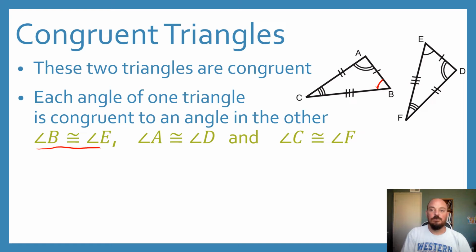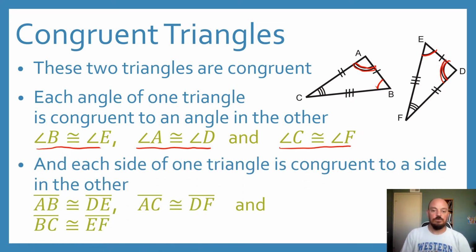Then angle A is congruent to angle D because there's two marks, 1, 2 on A, 1, 2 on D. And the last one, angle C is congruent to angle F because you can see there are three little arcs on each one. So each of the three angles of one triangle is congruent to each of the three angles of the other one.